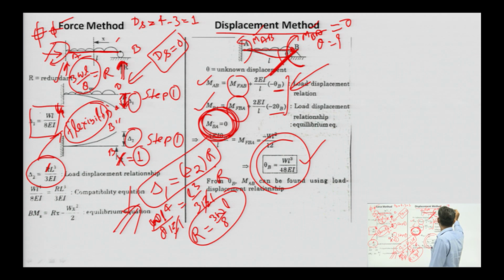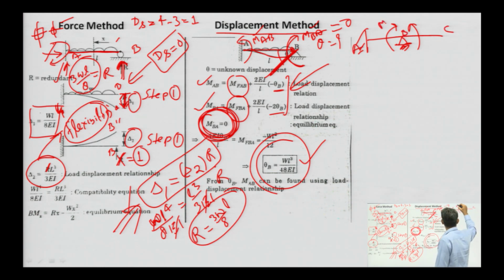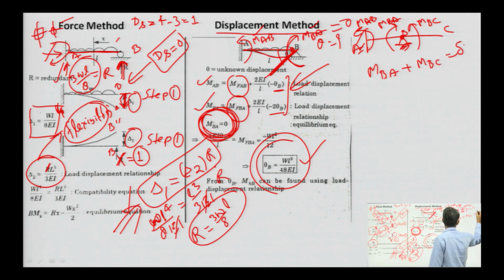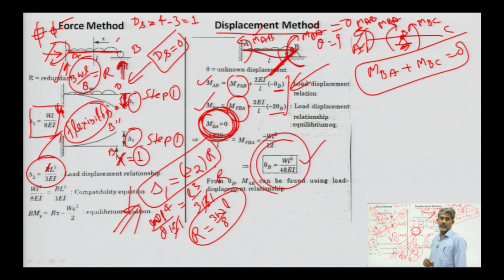If this structure is in this manner, say this is A, this point is B, this point is C, then this moment will be M BA, this one M BC, this one M AB. So, the equilibrium equation at point B will be M BA plus M BC is equal to 0. Since in this case it is a hinge, only M BA is equal to 0.